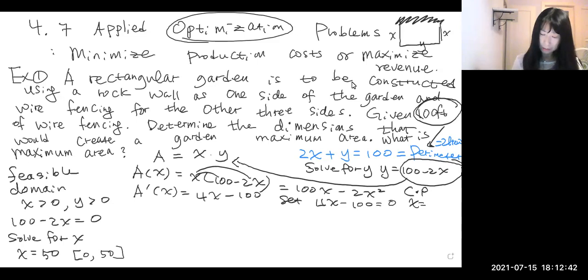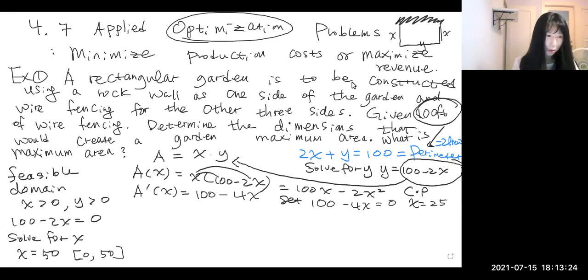Now we set this equal to 0, and x equals the critical point. So we get 100 minus 4x equals 0, right? Then what's x? 25. Thank you.